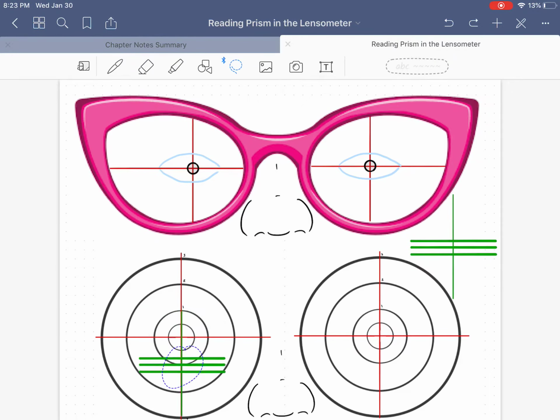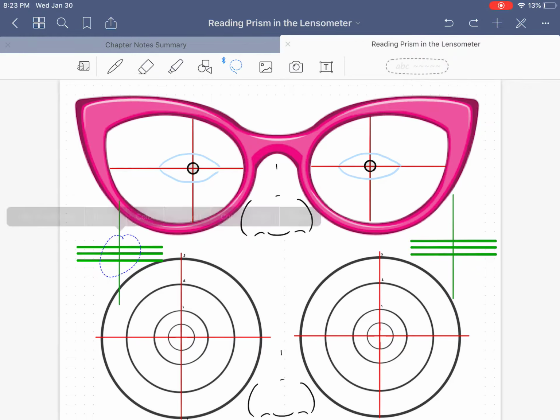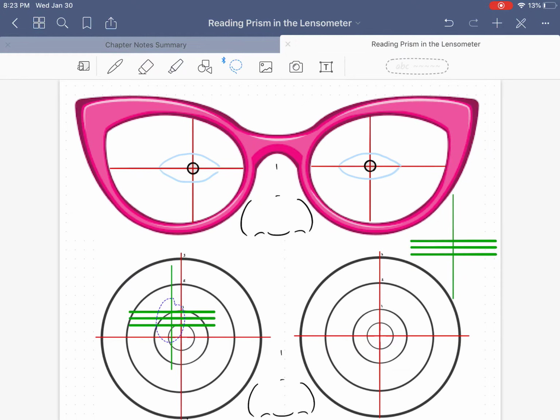Up or down. So if you think of the very center of this green line, of the sphere lines and the cylinder lines, if you think of the very center of this target as the base of the prism, then when we have a certain amount of base up prism, we move this target somewhere up here.